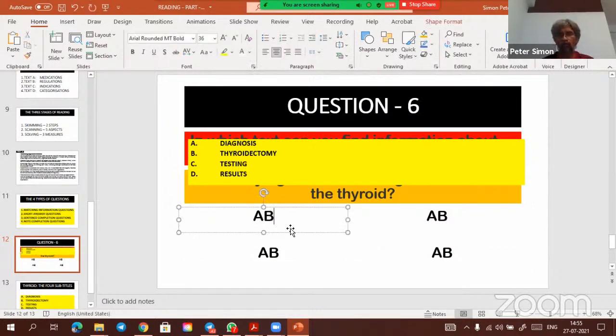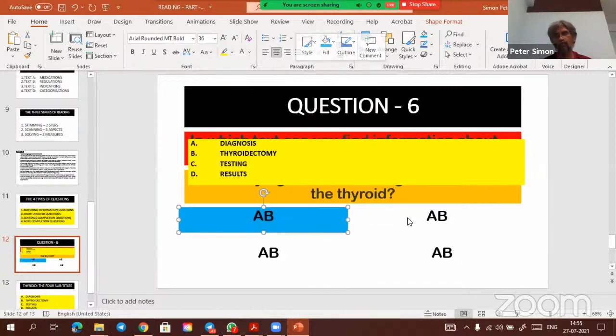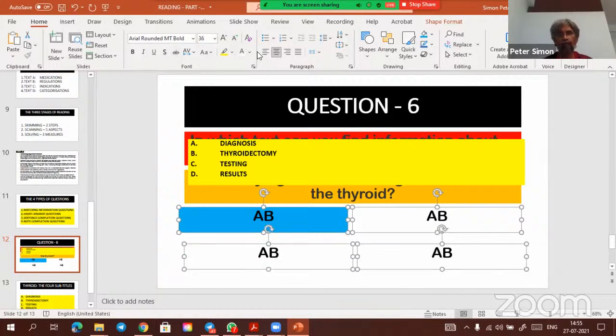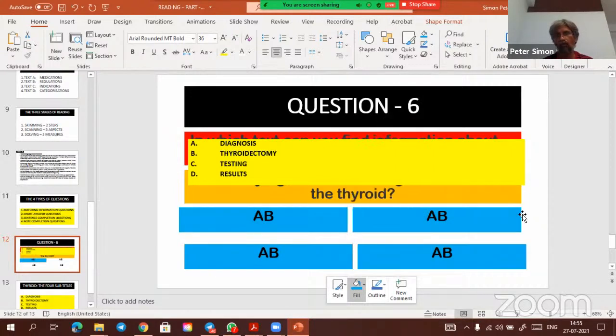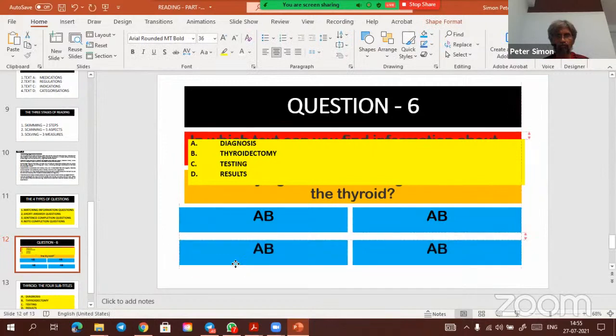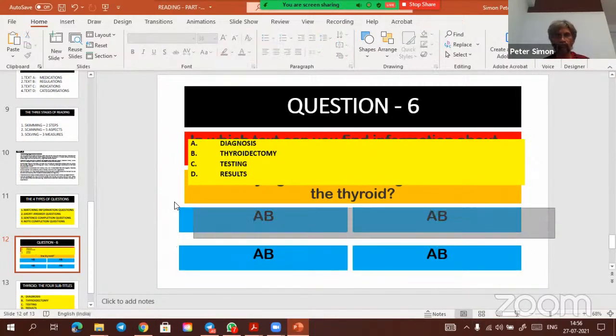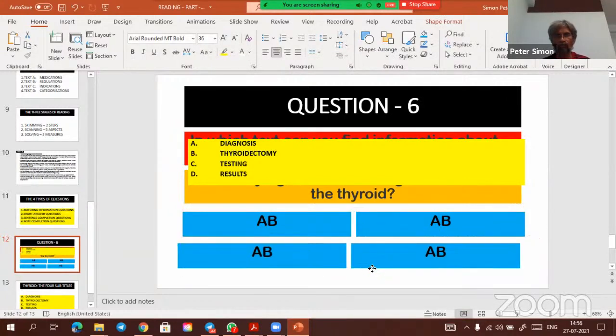Now we have 4 options here. This is one. A.